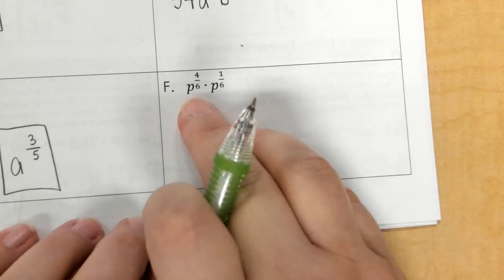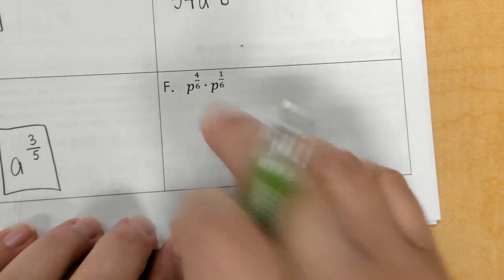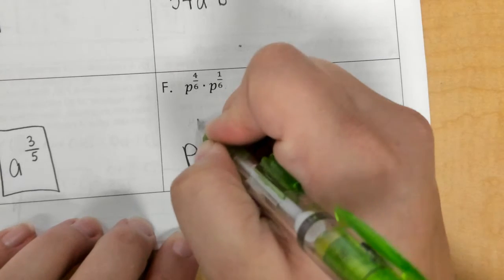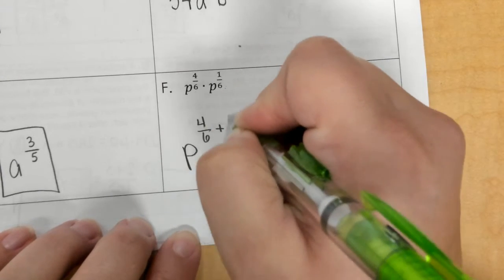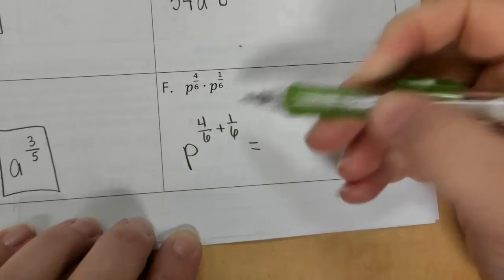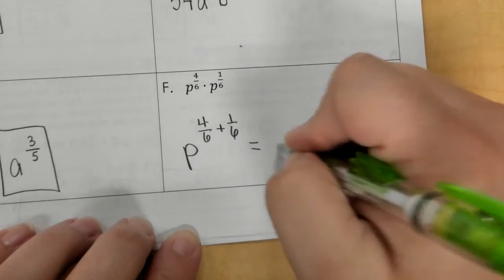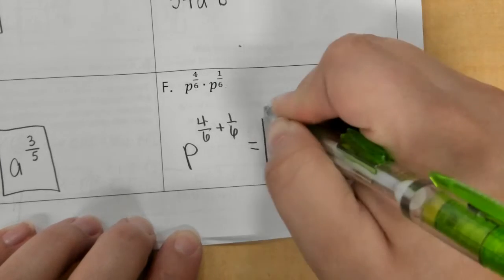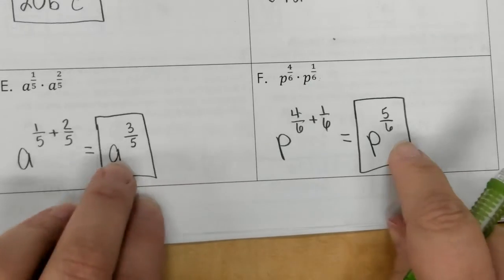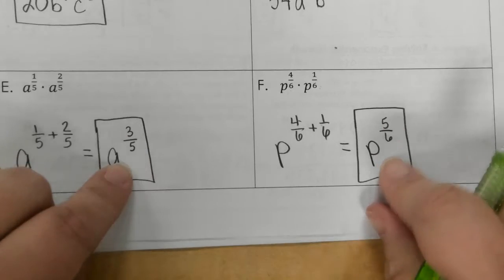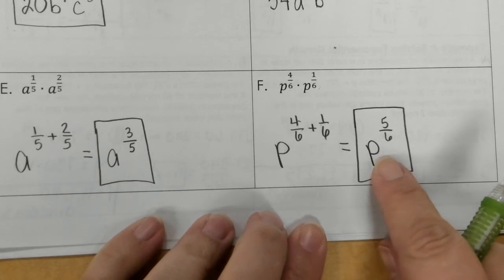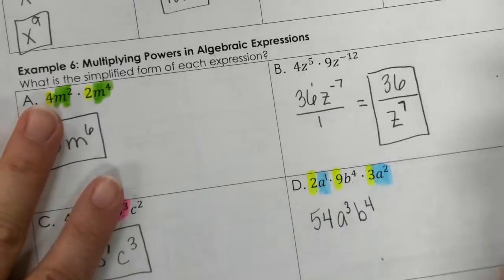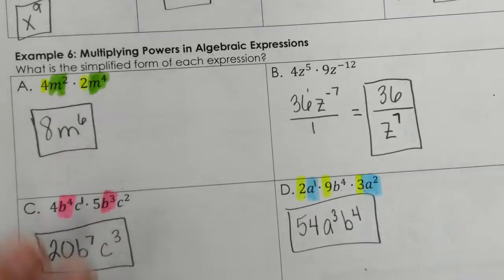And in letter F, we have 6's. So it's a common denominator again. And if we add the numerators 4 and 1, we get P to the 5/6 power. And please note that you want to make sure that those fractions look like exponents. So they don't want to be down here where the P is. They need to be up here in the corners. Okay? All right. And that is it for day 1.